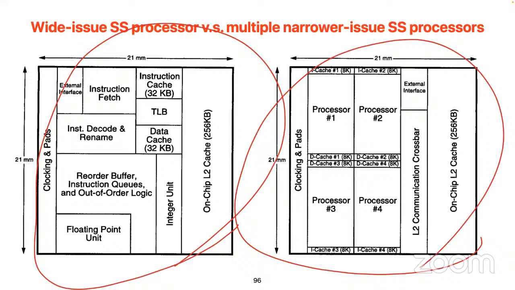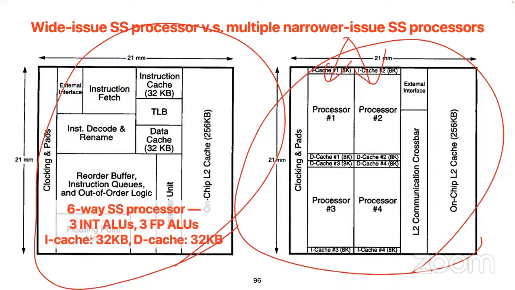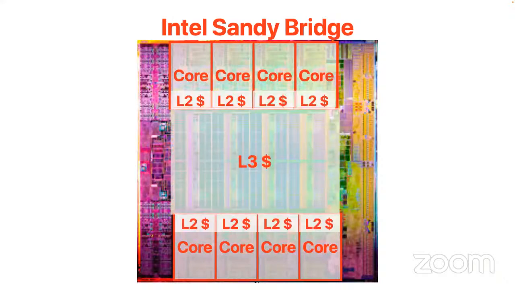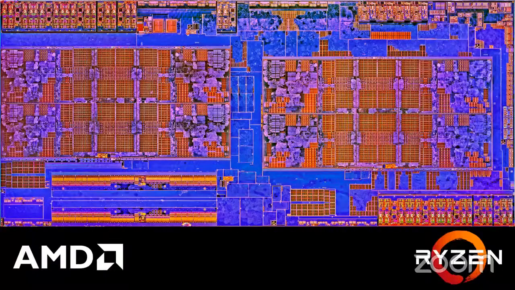Or you can build the right-hand side one with more processors, each with narrower issue, allowing you to exploit more concurrency from your programs. So modern processors take the right-hand side design, in that they are all multi-core processors, with shared cache and private cache.